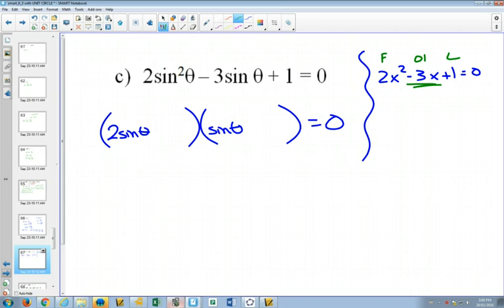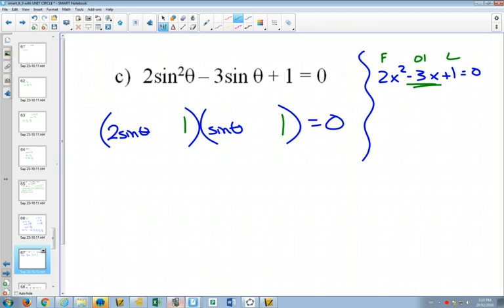Your last ones always multiply to be that last one. So when you get something like 2 sine squared, it's obvious it has to be 2 sine and sine, because that's the only thing that multiplies to give you that. When I look at my last one, which is a 1, this one's really easy, because what's the only thing that can multiply to give you 1? 1 and 1.